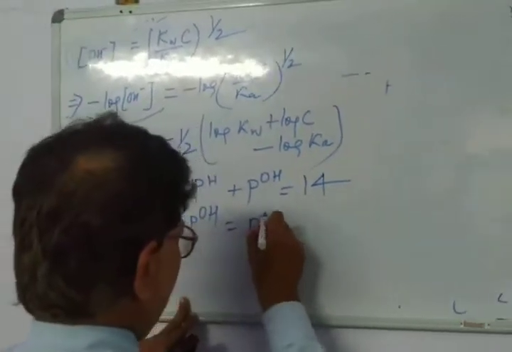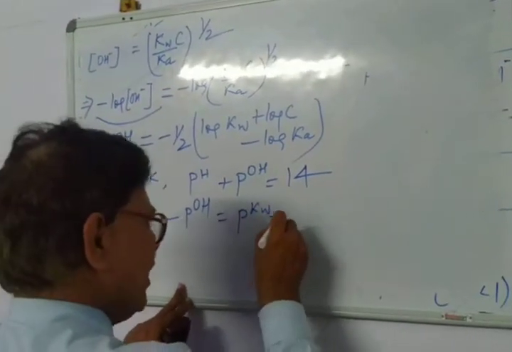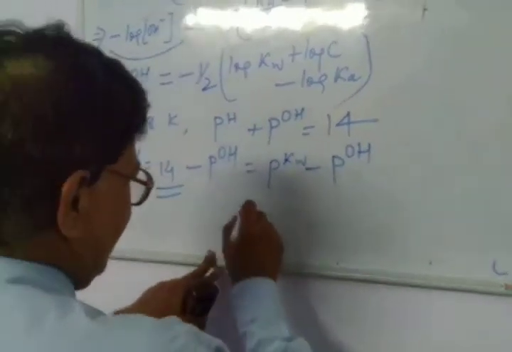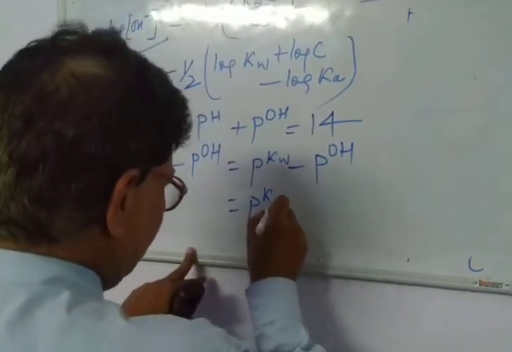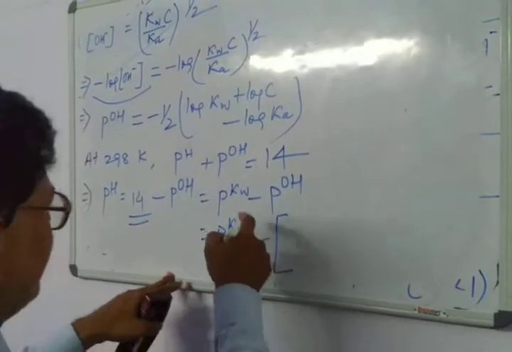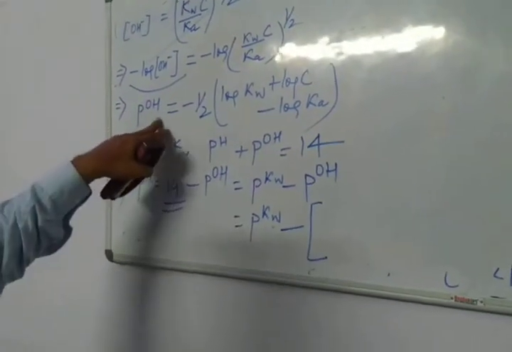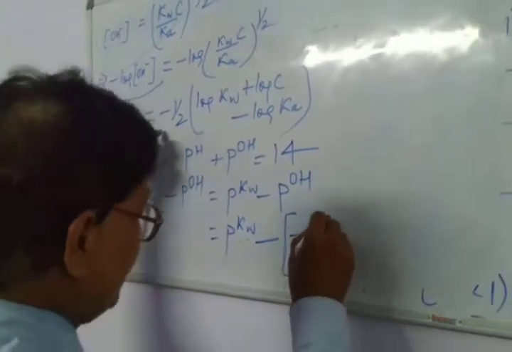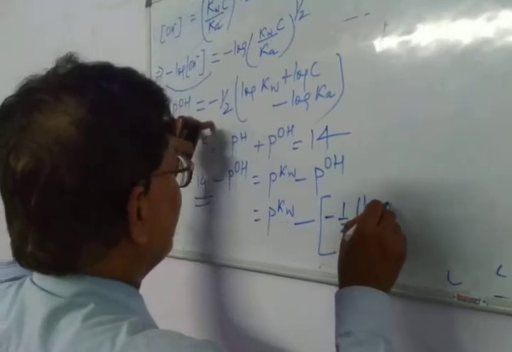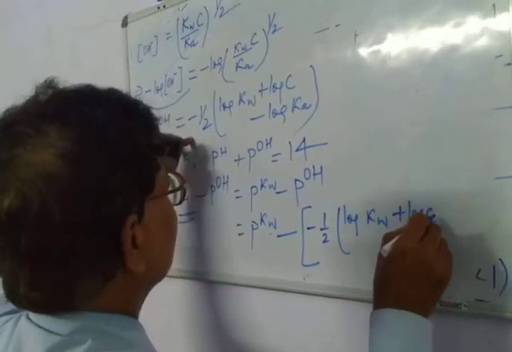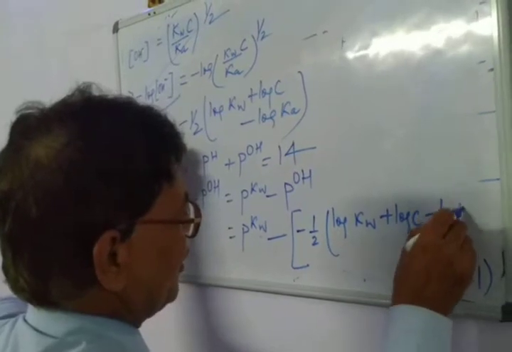So pKW minus POH. Okay, that is pKW minus, and now we are writing for POH. Here what is POH? Minus half log KW plus log C minus log Ka.